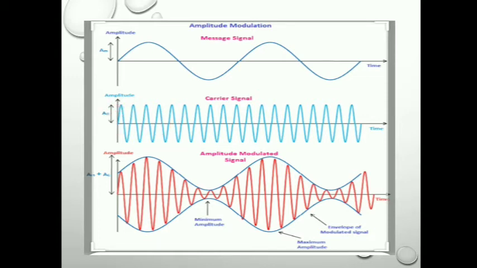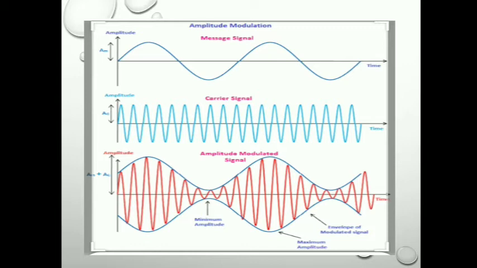Now see this last one. The amplitude of the message signal and the amplitude of the carrier signal are both combined. That is the amplitude modulated signal.